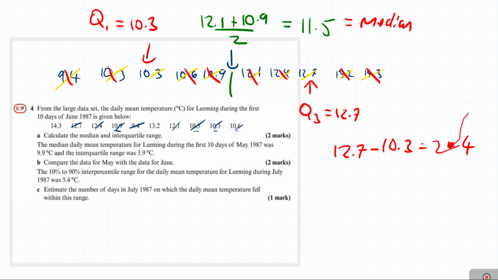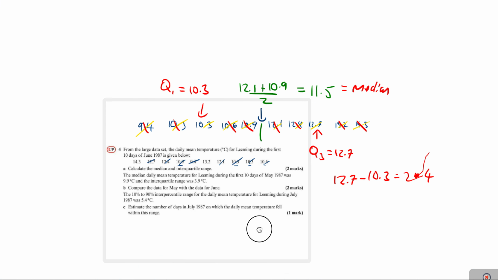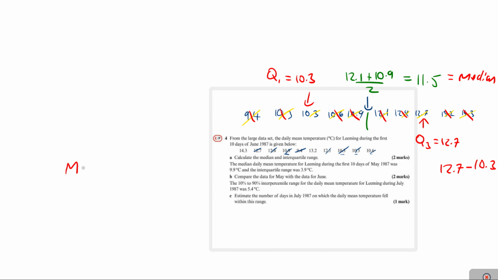Okay, so part A is done. The daily mean temperature for Leeming during the first 10 days of May 1987 had a median of 9.9 and an interquartile range of 3.9. Compare the data with June. What I would do is just very explicitly write it out. For May, the median is 9.9 and the IQR is 3.9.